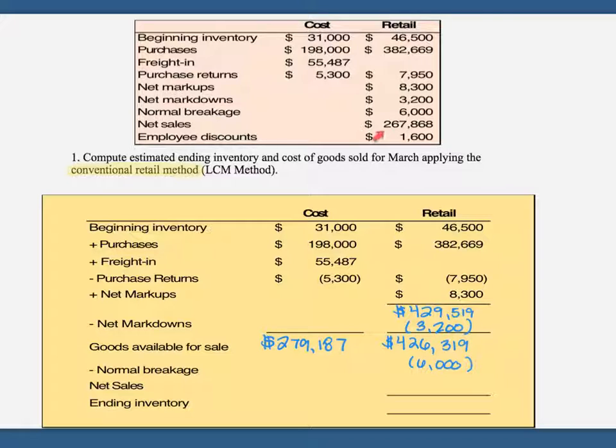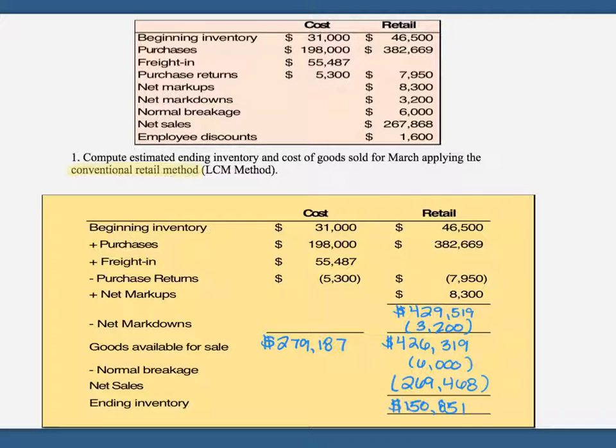So we add together our 267,868 plus 1,600 and subtract that as our net sales. That's going to be 269,468. We subtract that from our goods available for sale, and that gives us our ending inventory, 150,851.